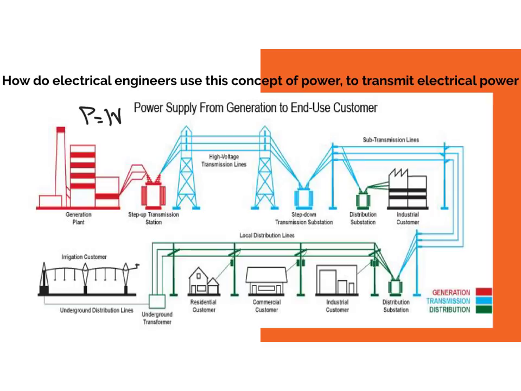Okay, so in an electrical grid, what will happen is they will step up transmission. We'll talk about this more when we do AC currents and electromagnetic effects in Unit 3. But step-up transmission means that the voltage is increased. We want to increase that voltage, which decreases the current, which decreases heat loss.